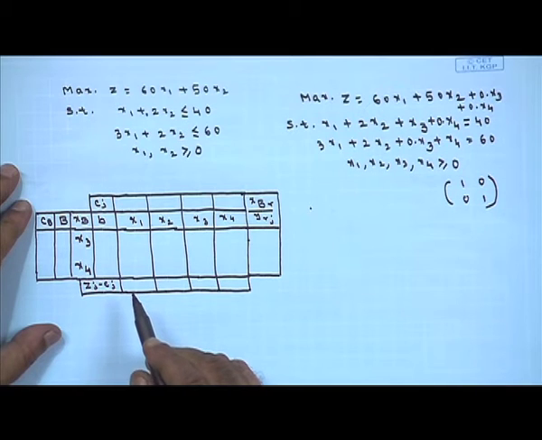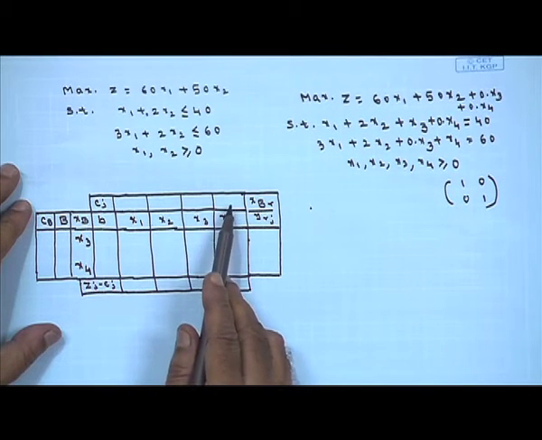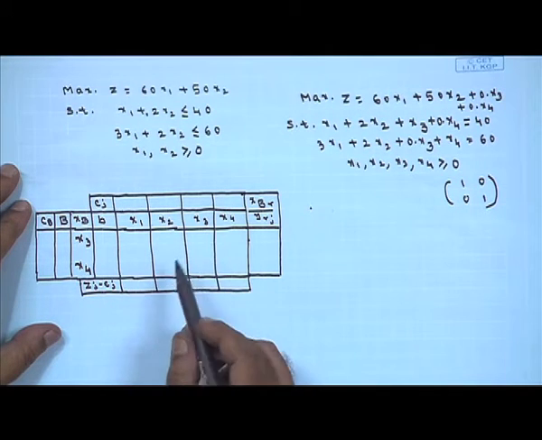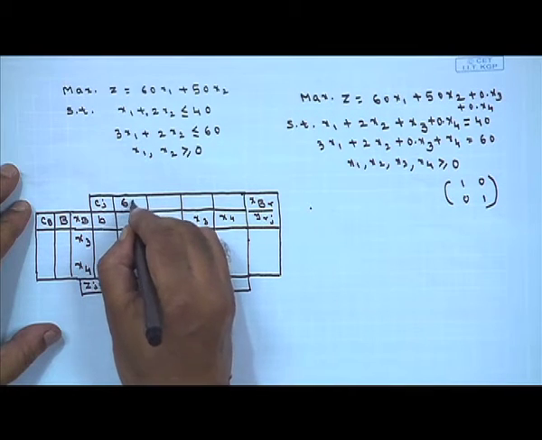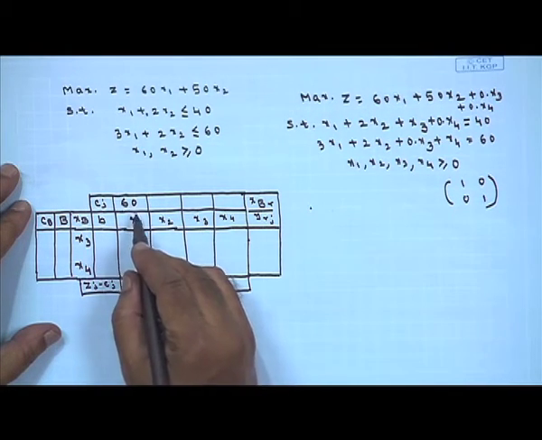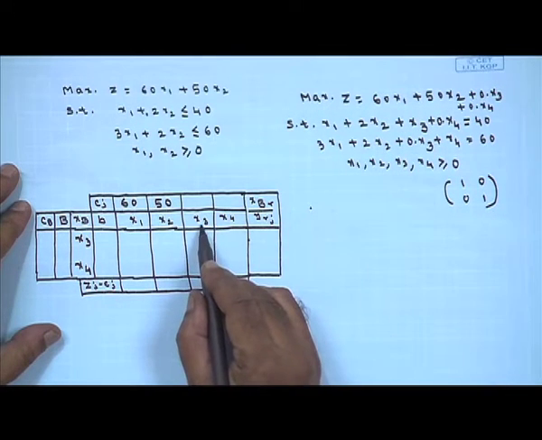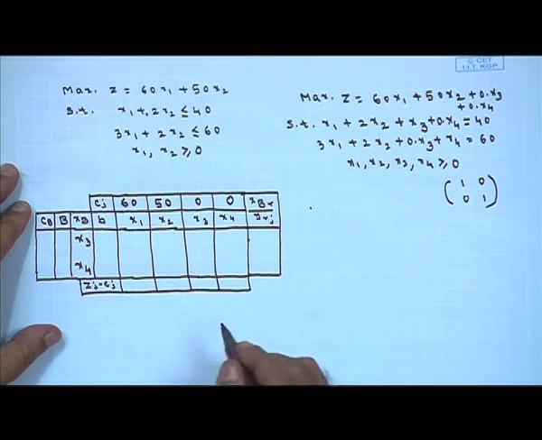If you remember, we have told that in the table the first row represents the coefficient of the cost. For x1, the coefficient in the cost function z is 60, so we are writing 60, for x2 it is 50, we are writing 50, for x3 it is 0, for x4 it is 0.